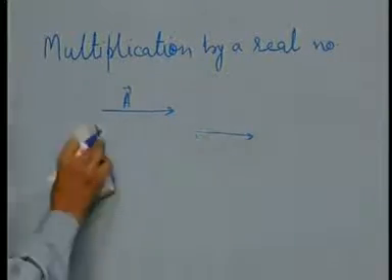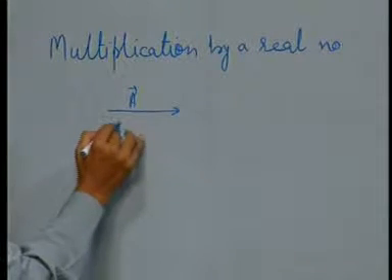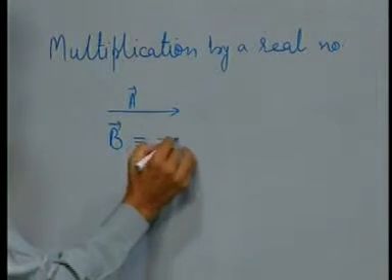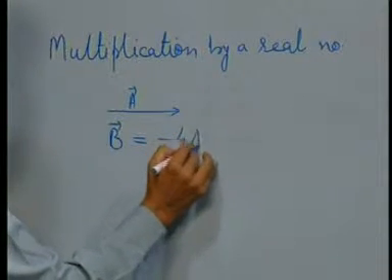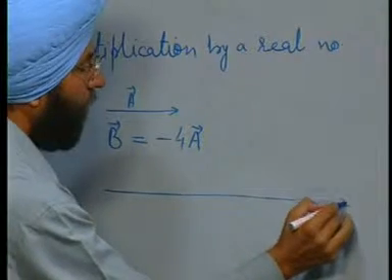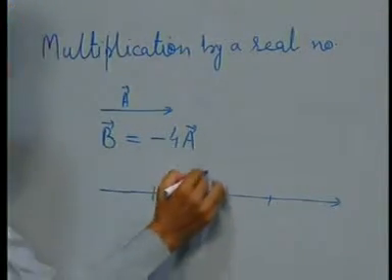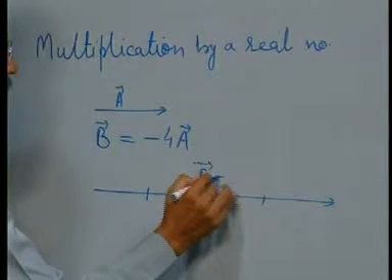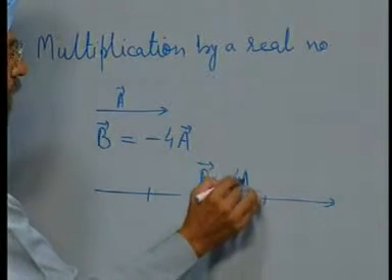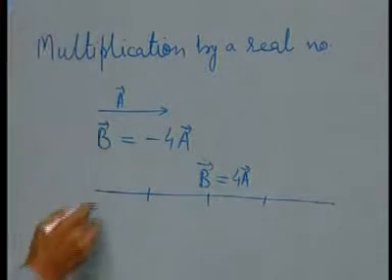If we multiply with a negative number, suppose B is equal to minus 4A, in that case magnitude of B will be 4 times the magnitude of A, but direction is opposite.